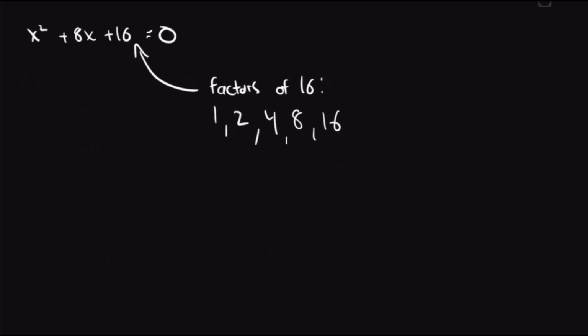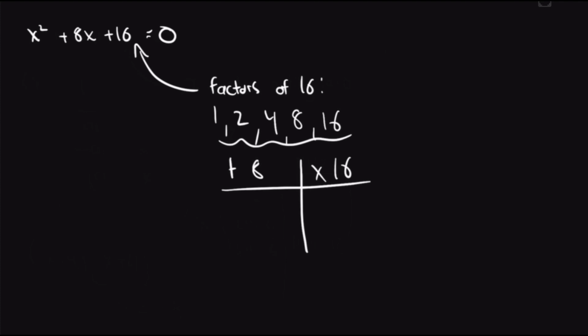So what we need to do to factor this equation is find two numbers which add up to 8, and they also multiply to 16. It's pretty easy to see that the only two numbers out of these where they add up to 8 and multiply to 16 are 4 and 4, because 4 plus 4 is equal to 8, and 4 times 4 is equal to 16.